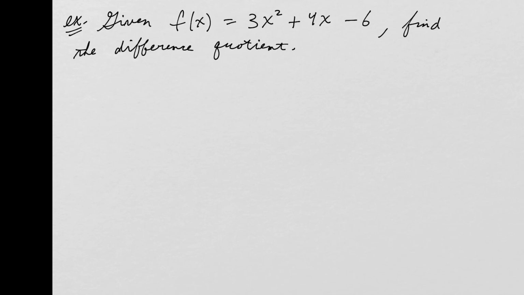You may see a few of these questions in My Open Math as well, so I think it's good to go over this. The first thing I better find is f of x plus h, because I'm going to need that when I do this difference quotient. So remember what that means: go to your function f, and where you have an x, you're going to plug in x plus h.